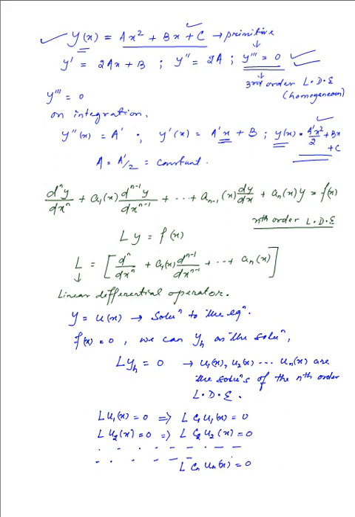Now if we add up this entire equation, we are still going to end up with 0 on the right hand side. So we have L of all those terms added, that is c1 u1 plus c2 u2, we know they are functions of x so we need not write that every time, plus cn un, and that is going to give me 0.